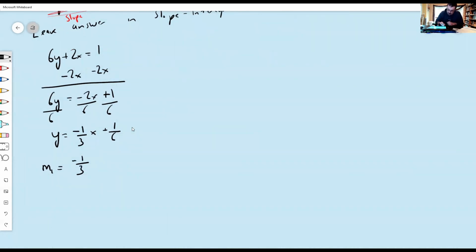Slope of line 2, right, line 2 is perpendicular to line 1. So M2, I take the opposite sign, so this is minus, it becomes plus. 1/3 flips over to be 3 over 1, or just M equals 3.